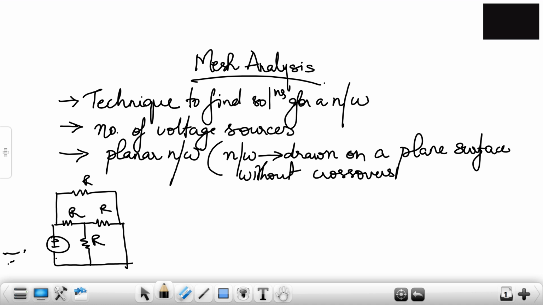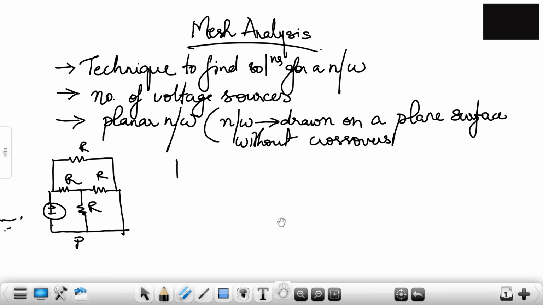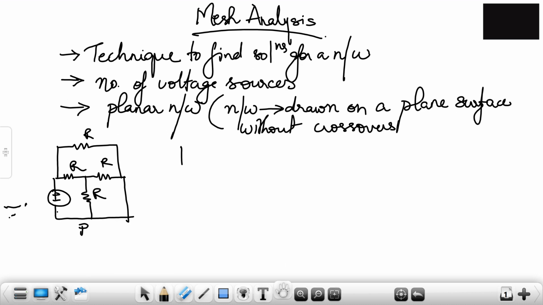This is an example of a planar network. Another example of planar network. This planar network, everything is on one plane surface without any crossover.